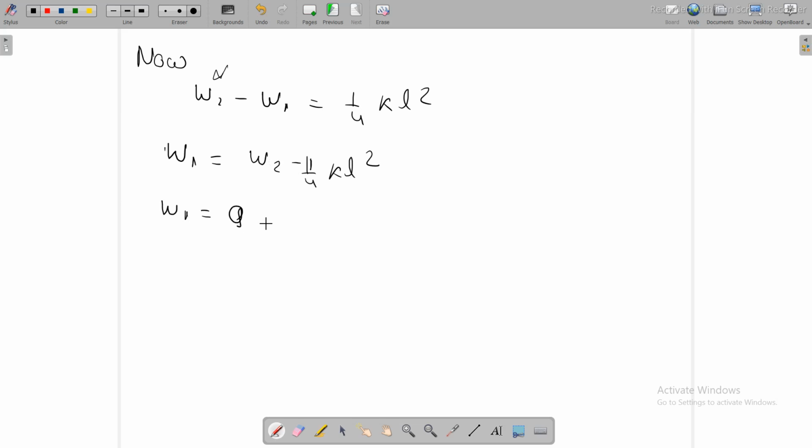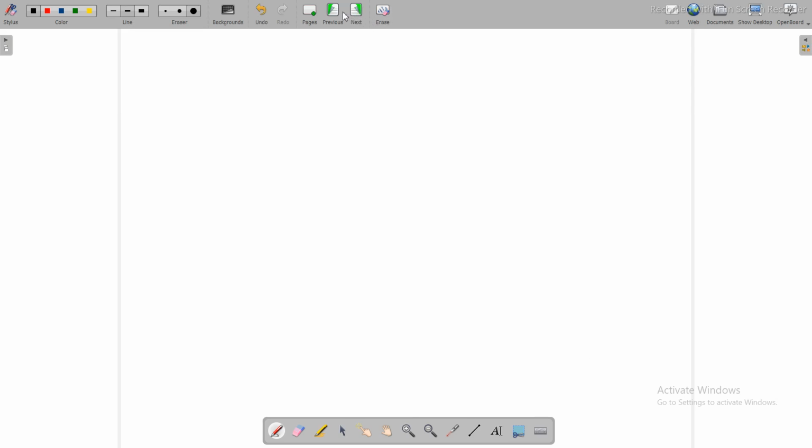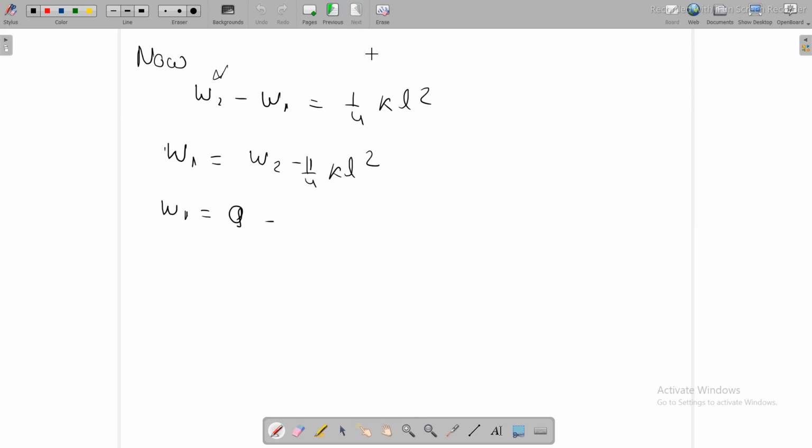W1 is equal to Q minus, putting the previous value, 3 nRT minus 9 by 4 KL square minus KL square by 4.